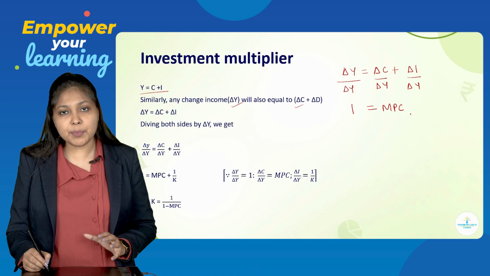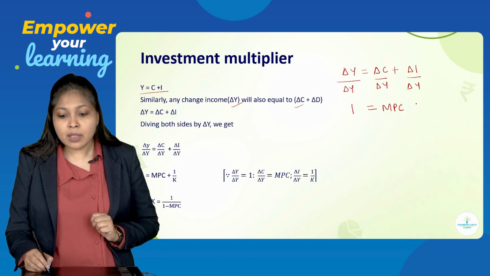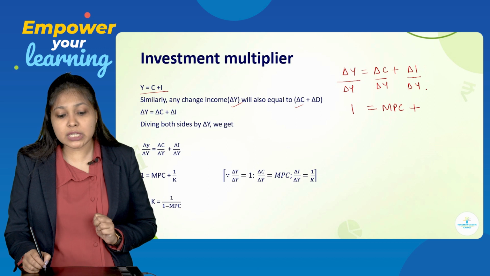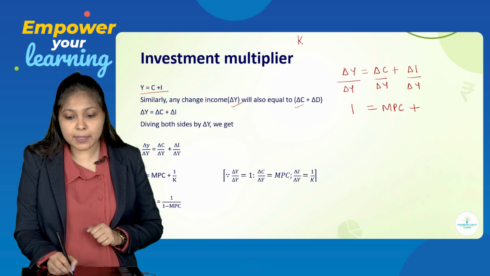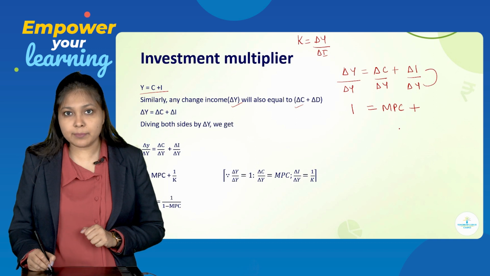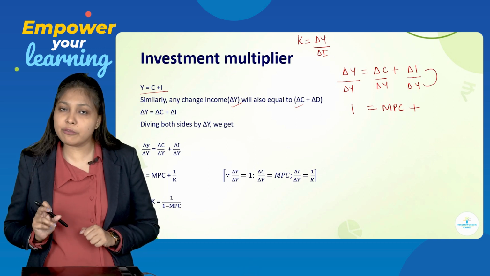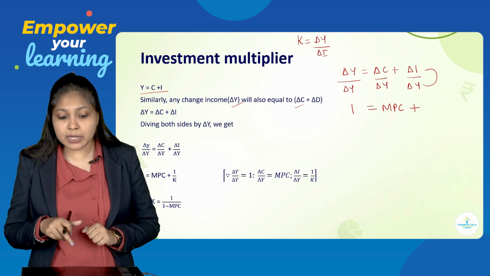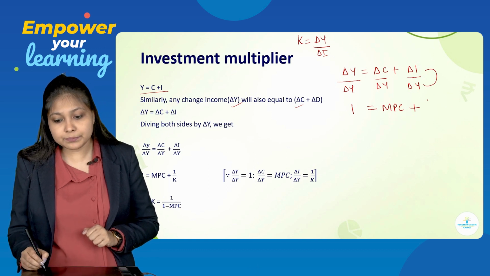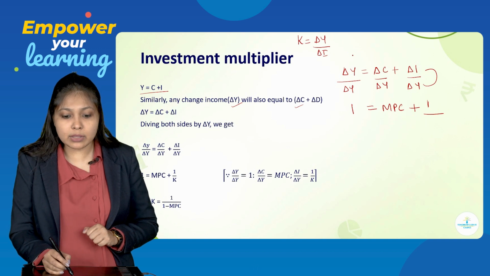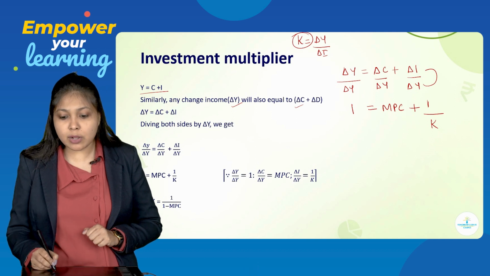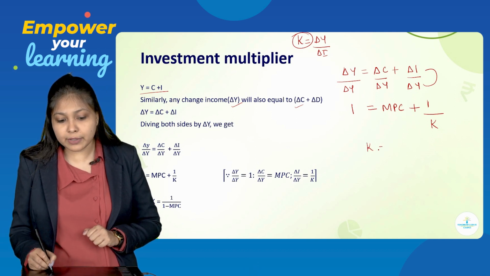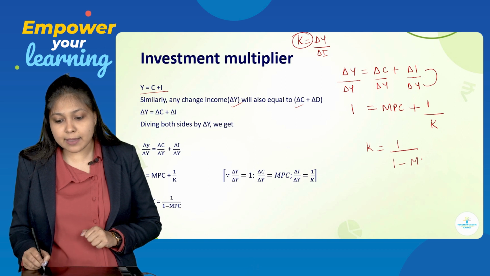plus change in I upon change in Y. Recall the formula of K, the multiplier, which is change in Y upon change in I. If I reciprocate it, I will get the formula of multiplier, so I can simply write it as K. Now, if you solve the entire thing, you will get the value of K as 1 upon 1 minus MPC.